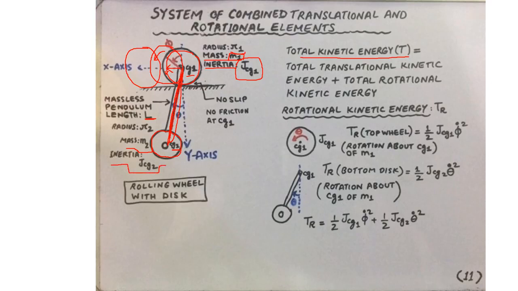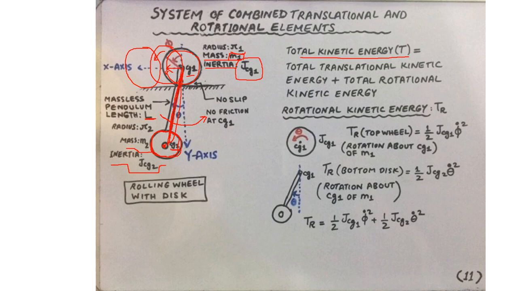What do we mean by that? So the mass of this bottom disc is m2 and it has an associated center of gravity CG2 where the whole mass appears to be concentrated, but it also has a discrete inertia. By that we mean that this disc is going to exhibit a rotational motion in this direction as shown here. It is going to exhibit a rotational motion about the z-axis.